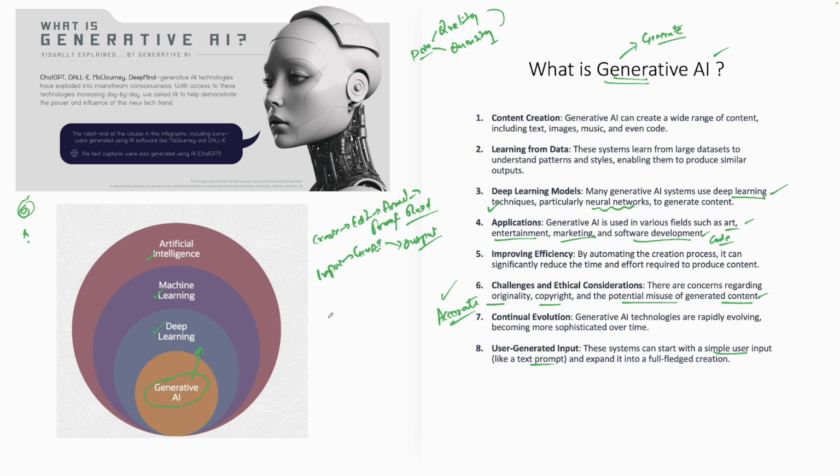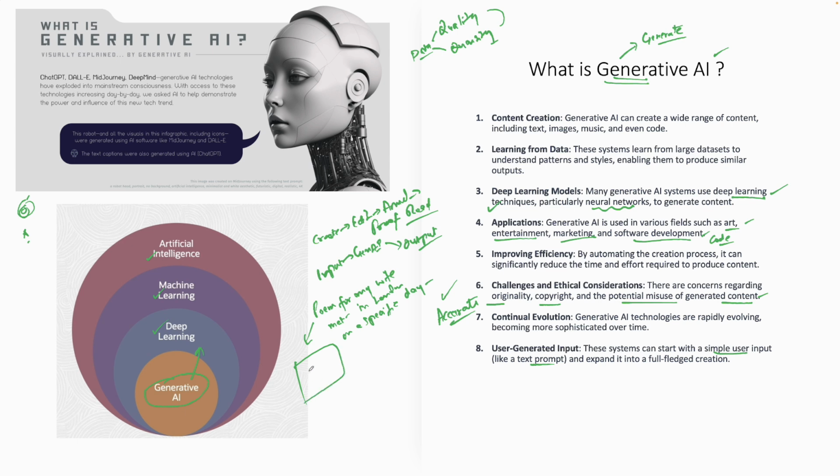A simple example: let's say I ask, can you write me a nice poem for my wife whom I met in London on a specific day? You can specify some qualities about your wife and ask this Gen AI system to write a poem for you.